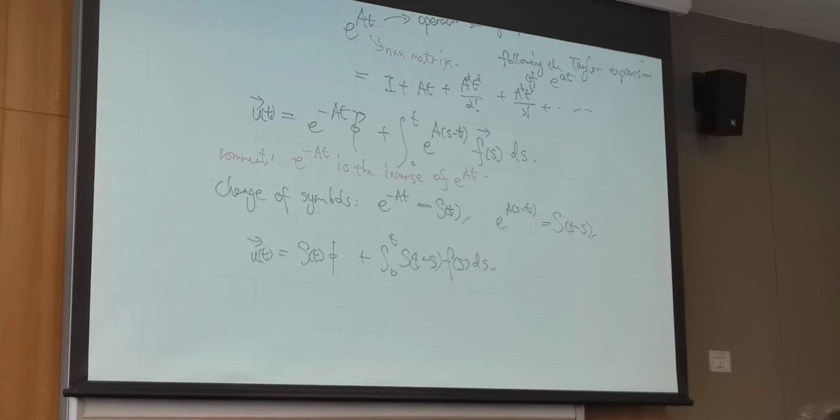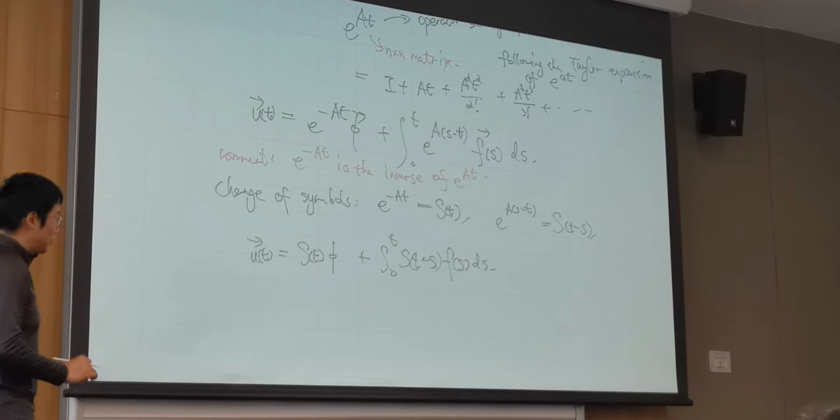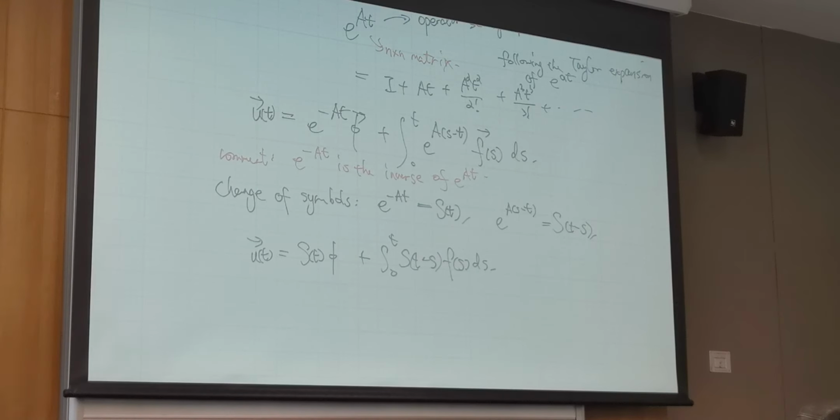Now, going back to the solution to the PDE. Don't forget, my PDE is, actually not u(t), it's actually a two-dimensional function, u(x,t), which equals the integration from negative infinity to positive infinity of S(x-y, t) phi(y) dy, right?